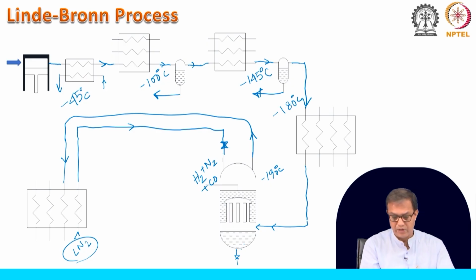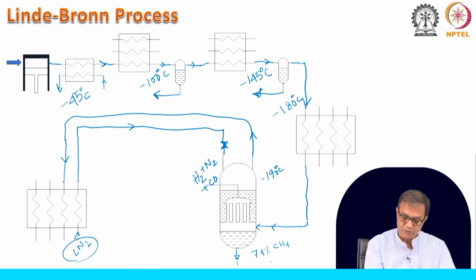This will not be only methane. The primary component will of course be methane, about 70%, 74% say, and there would be some amount of CO, about 10% of CO present in it, and from there this will be taken back through this heat exchanger.